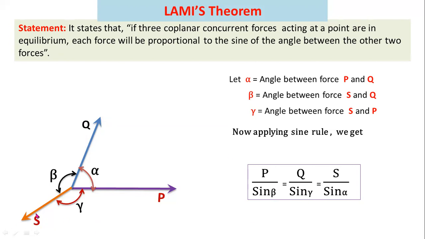In a similar way, S is the force, and the angle between the other two forces is alpha, so S divided by sine alpha. This is Lamy's equation. This Lamy's equation is applicable for three concurrent coplanar forces only. For three forces, you have to use Lamy's theorem.